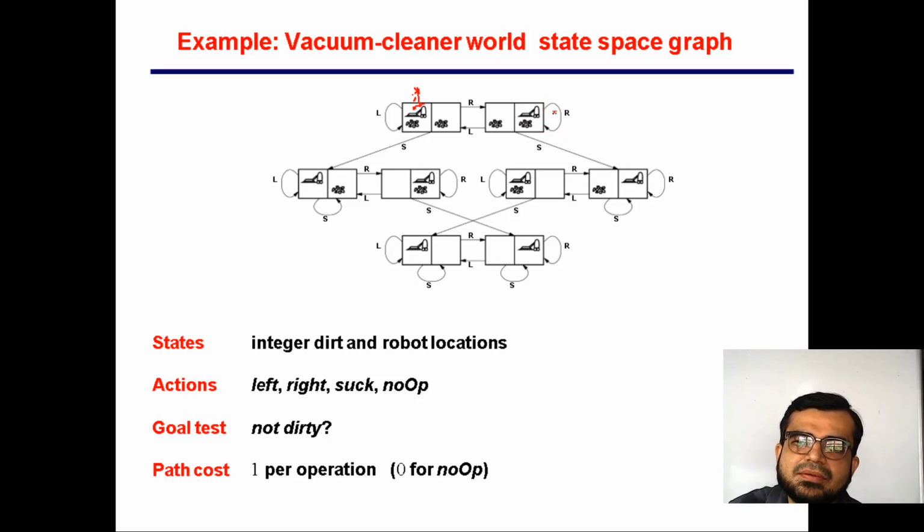Self loop means it will stay in that state only. It won't move to any other location or perform any other operation. This is your second state.